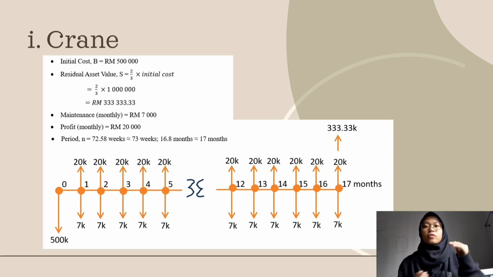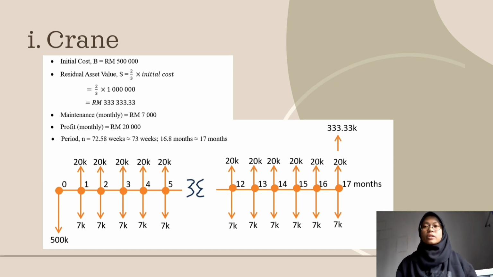The upward arrow shows the cash in, which is the profit that we gain, and also the 333,000 arrow is for the residual asset value after selling the crane after 17 months.